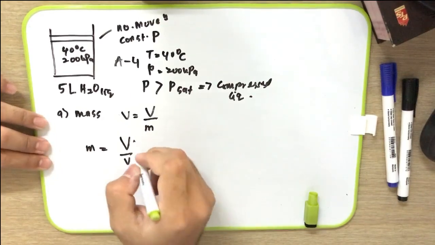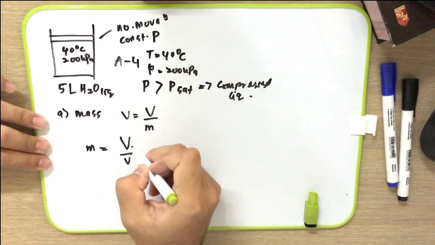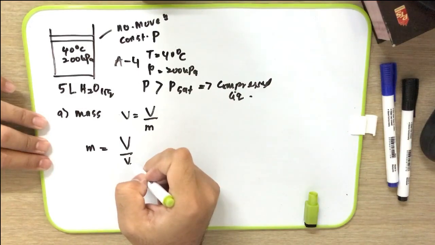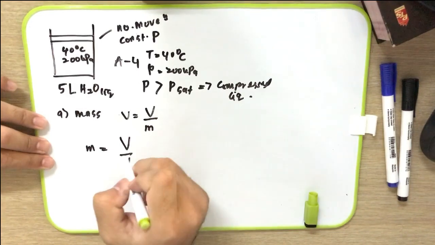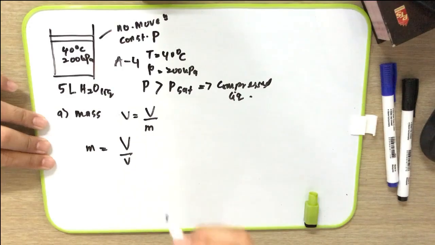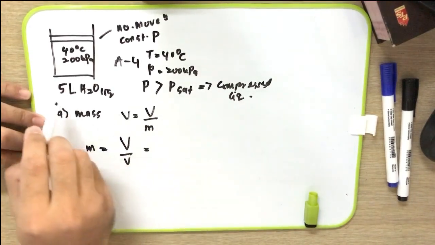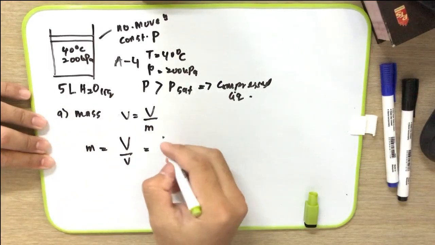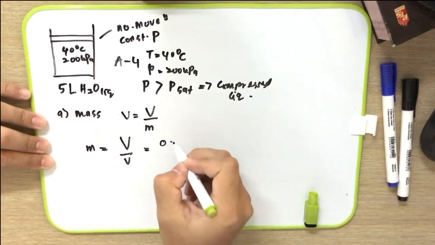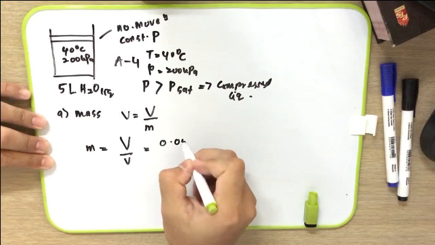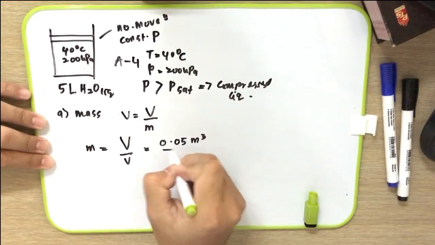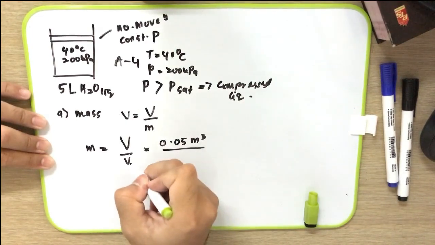The capital V is the volume, the small v is specific volume. In order to find m, we use this equation. The volume V is given here, 5 liter, or 0.05 meter cube, over this v.